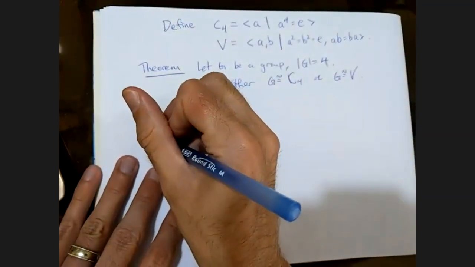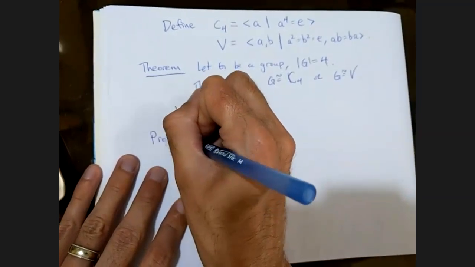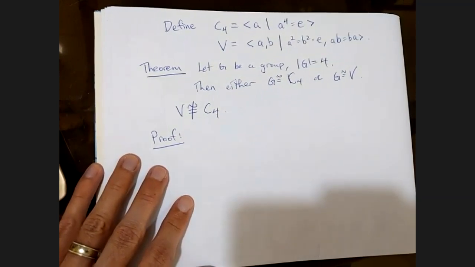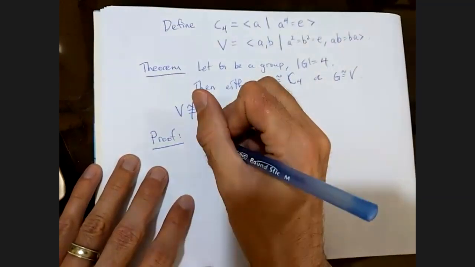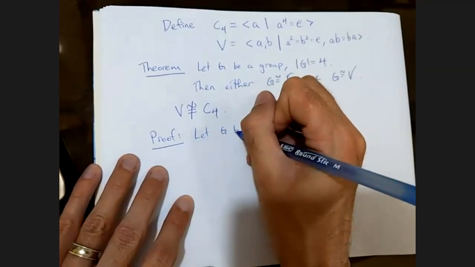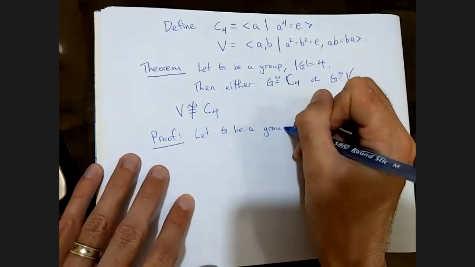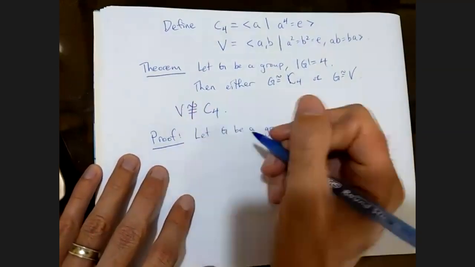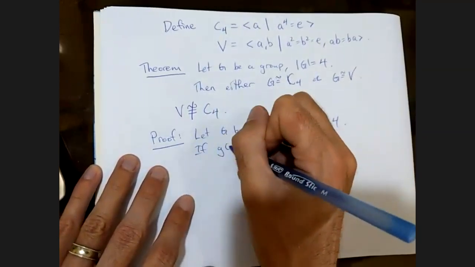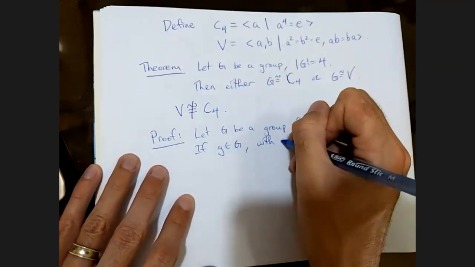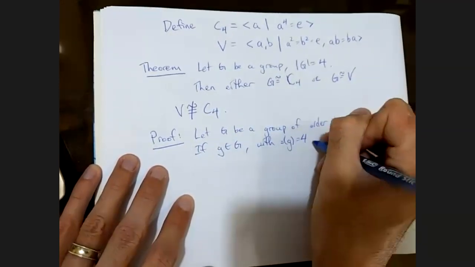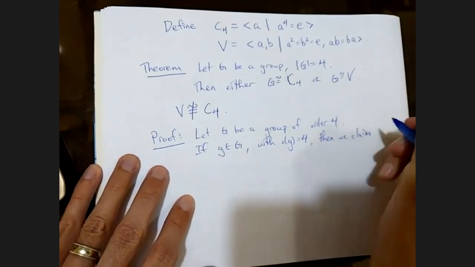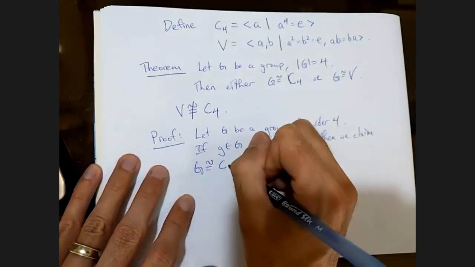Okay, so how do we prove this? Well, we just follow along with what we were saying before, but we try to condense things. So let G be a group of order 4. If there exists an element G in the group with order 4, then we claim G is isomorphic to C4.